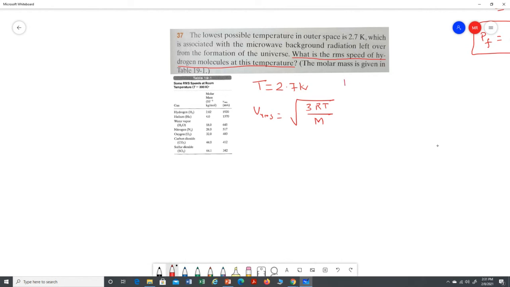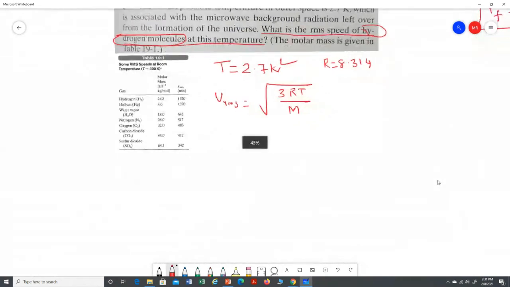What is the value of R? R is the constant, 8.314. And what is your temperature? Temperature is given. And what molecule is given? Hydrogen molecule, am I right? Yes. Okay, my dear, listen to the chart. You can just have a look at this chart.